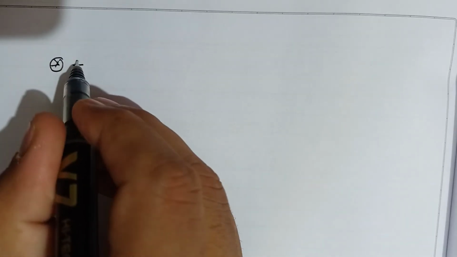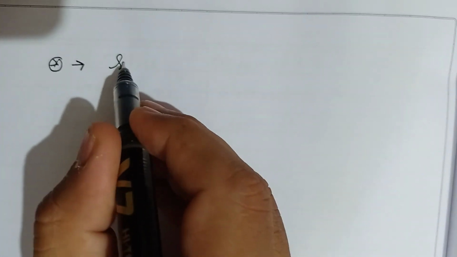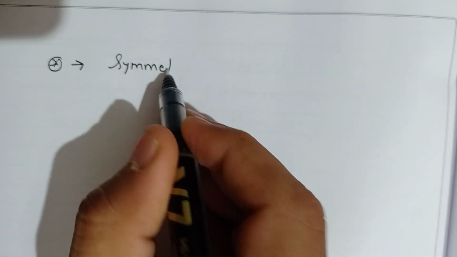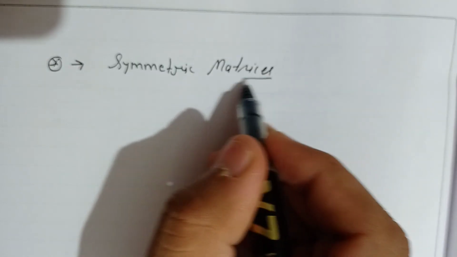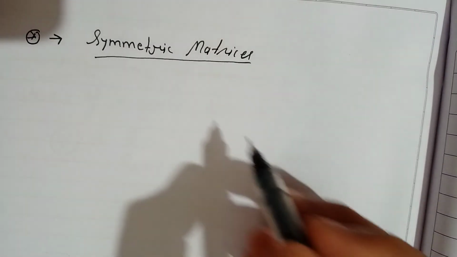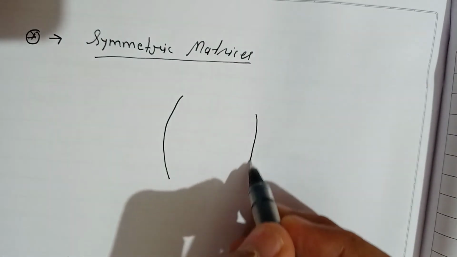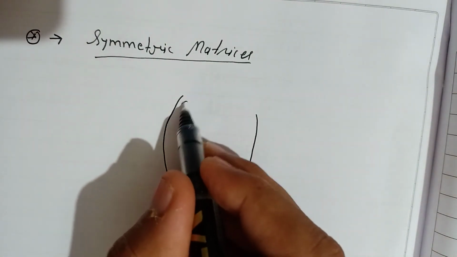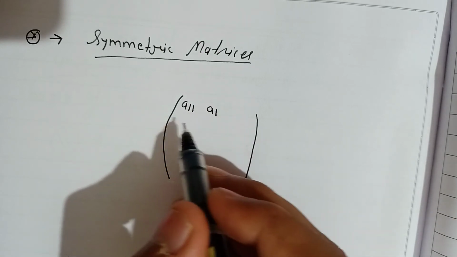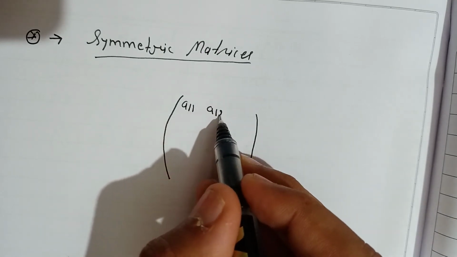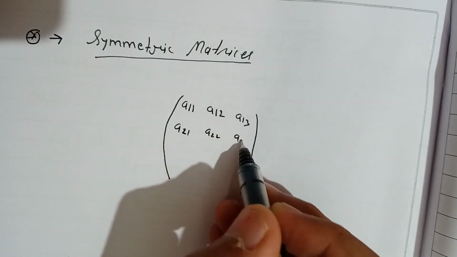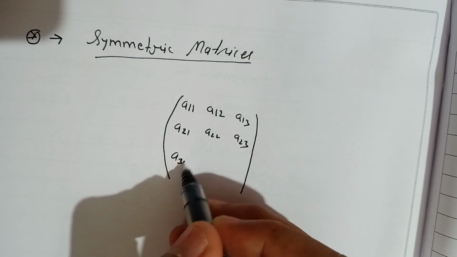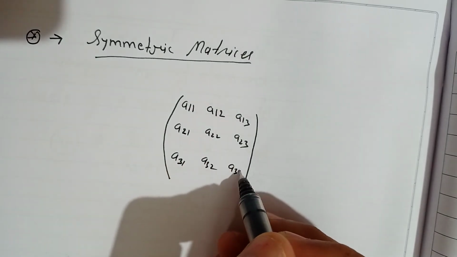Now let us see what is the dimension of the set of all symmetric matrices. If you take symmetric matrices, suppose we have A11, I'll take 3 cross 3, then A12, A13, A21, A22, A23, A31, A32, A33.